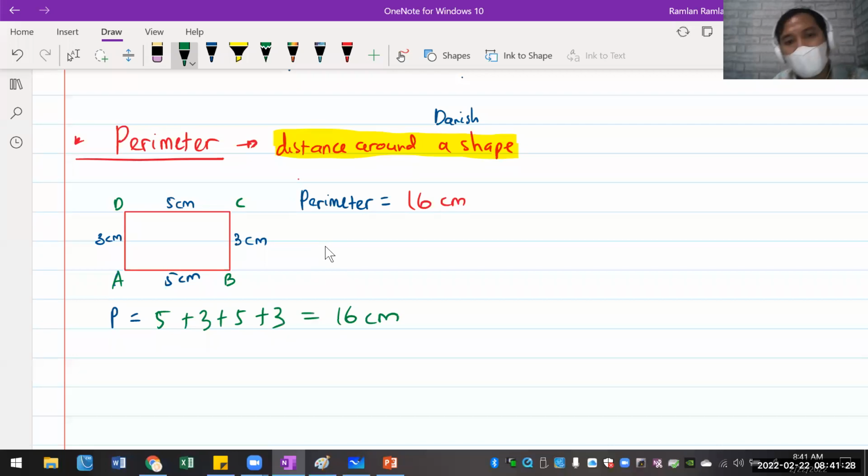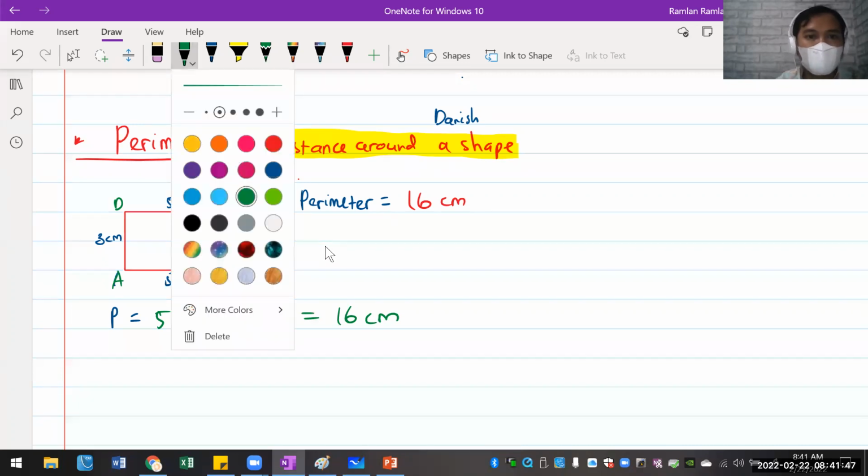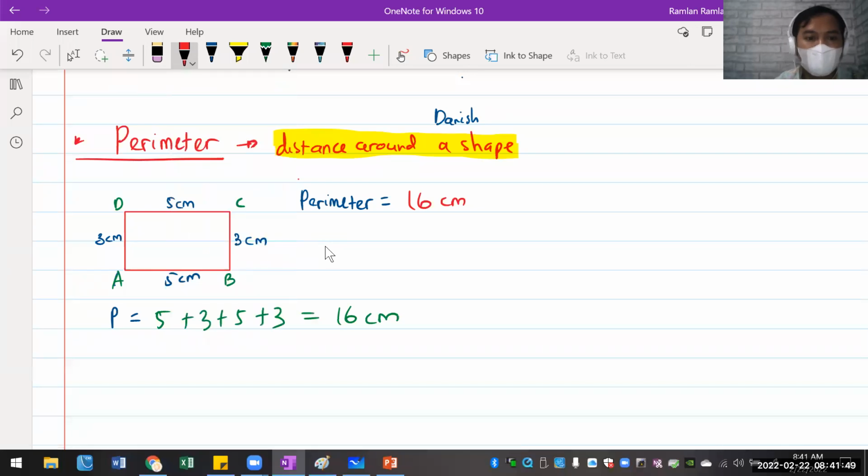And although you have the formula from when you were learning in primary school, if you can't memorize it, it's okay, no problem, because later on, if we have a quiz, I will give you the formula. The formula will be given to you. But I'm gonna write down the formula anyway. The formula for the perimeter of a rectangle should be 2 times length plus width.